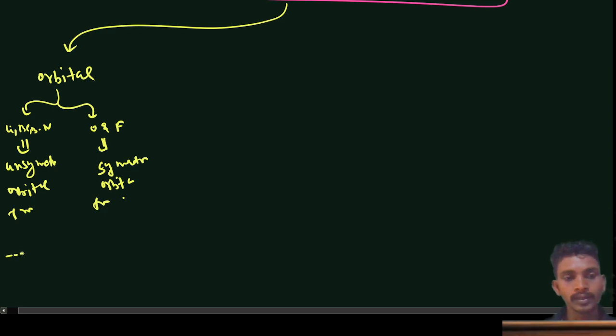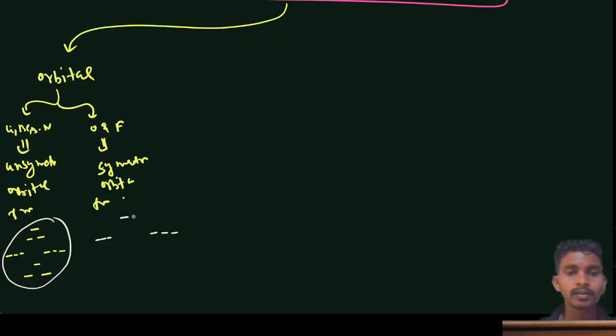Okay, so how will we do that? Let's say I'm doing this. This type of orbitals we will draw, and if it's symmetric orbitals, then how do we do that? Let's say this is this, symmetric will be there here too, then here also.